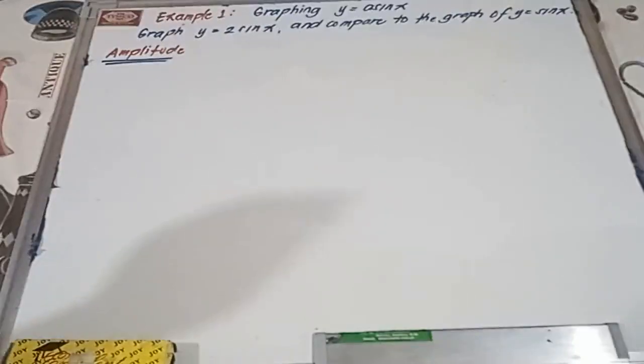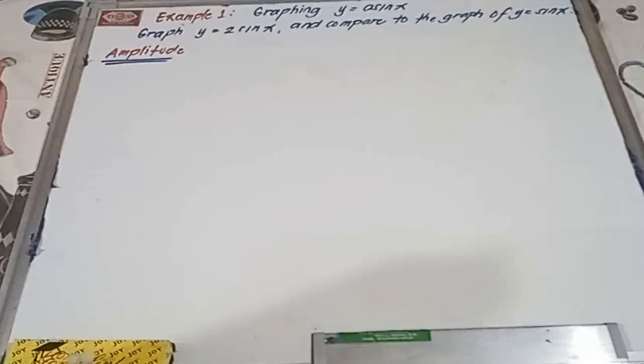Okay, so this will be my first example in graphing the sine function in the form y equals a sine x, where a is a real number. My first example is to graph y equals 2 sine x and compare it to the graph of y equals sine x.